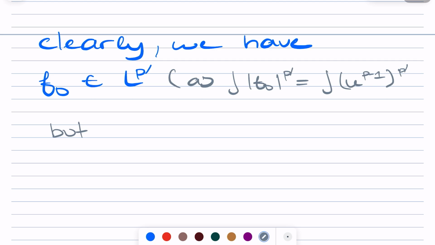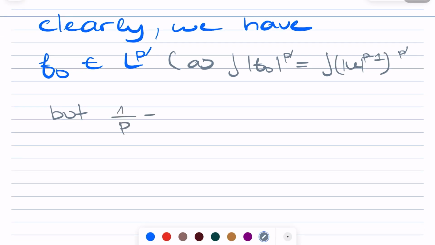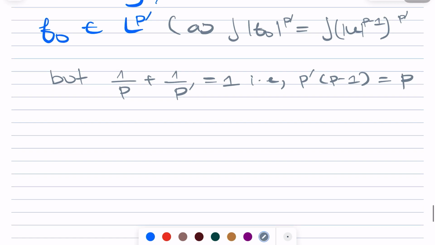Of course 1 over p plus 1 over p prime equals 1. So this means p prime times p minus 1 is nothing less than p. So you get that the integral of absolute value of f0 to the p prime is equal to the integral of absolute value of u to the power p, which is finite as u is in LP.